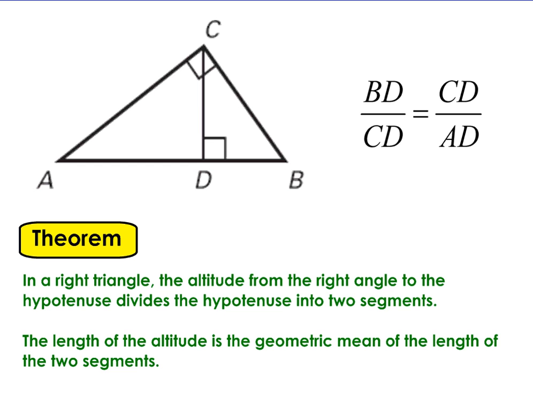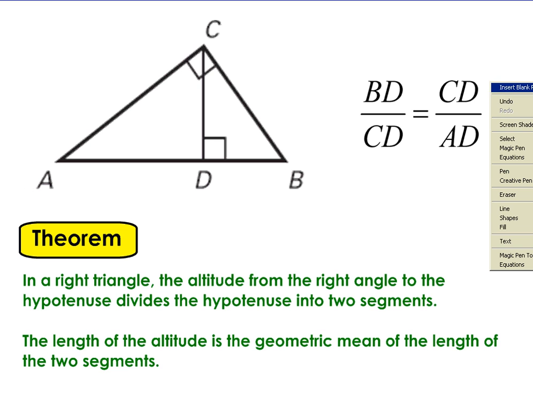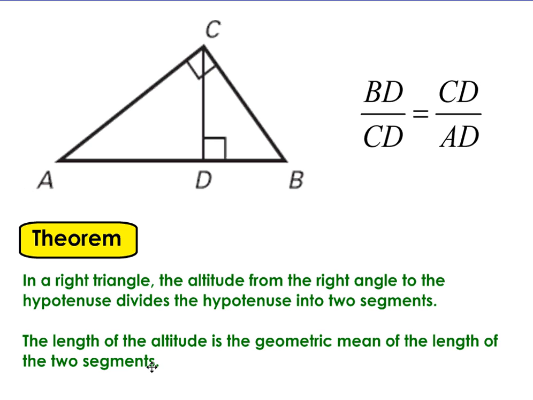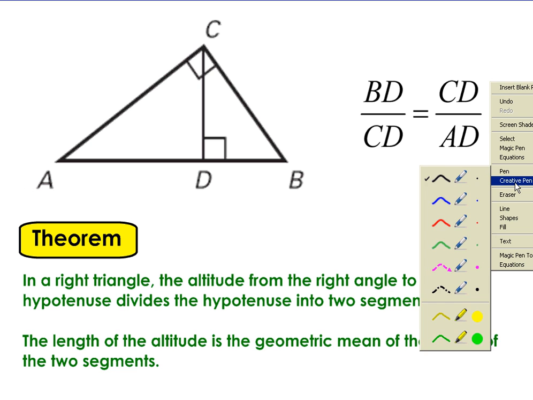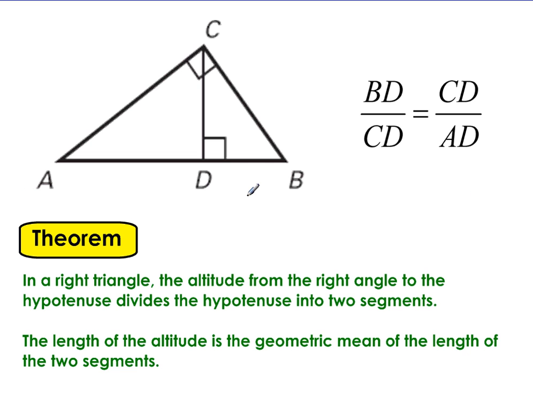Now there are 2 other theorems that are mentioned in your textbook, and this theorem says in a right triangle, the altitude from the right angle to the hypotenuse divides the hypotenuse into 2 segments. The length of the altitude is the geometric mean of the length of the 2 segments. So looking at this, we can highlight some pieces of information.